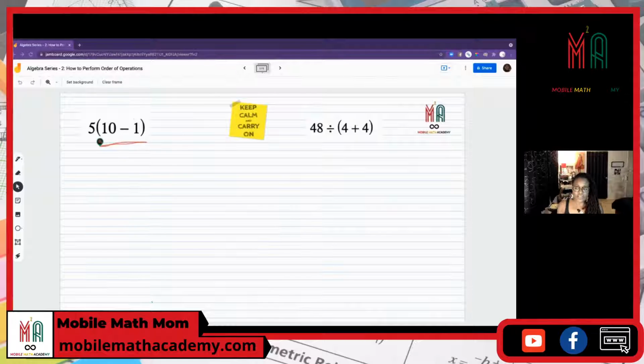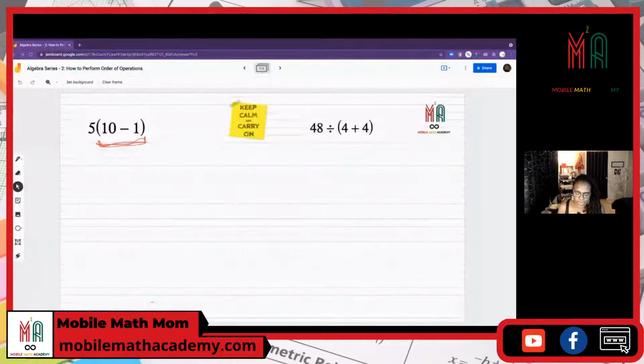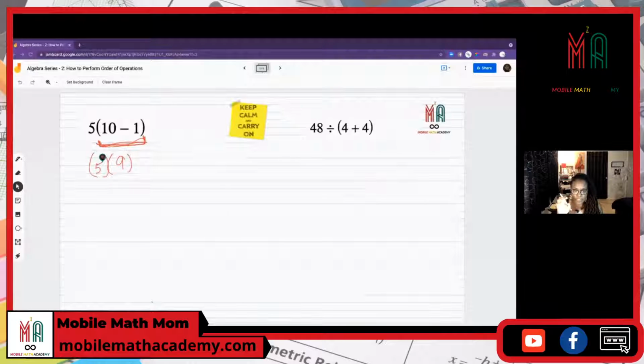The title said algebraic expressions, and we did expressions before, but now we're going to see order of operations, and we will have some algebraic expressions here. Here we have 10 minus 1, which is 9. Remember, if you see two numbers next to one another, maybe connected by parentheses, that's multiplication. 9 times 5 is 45.